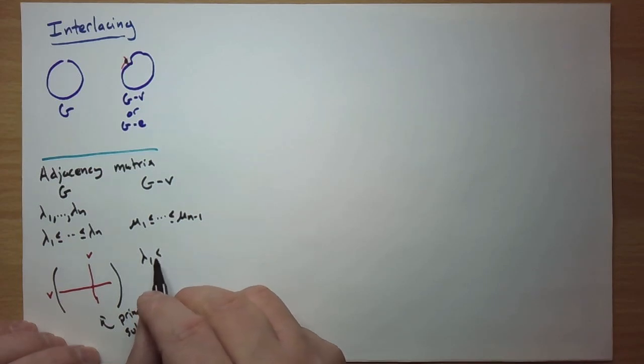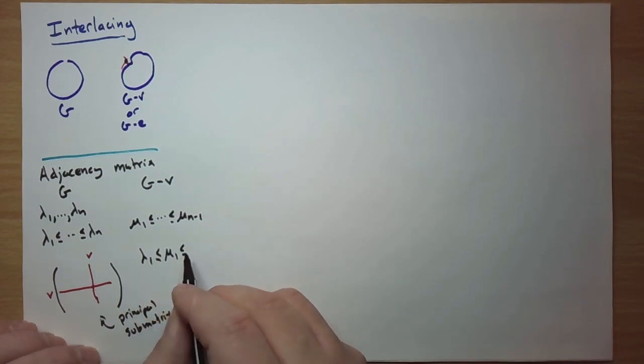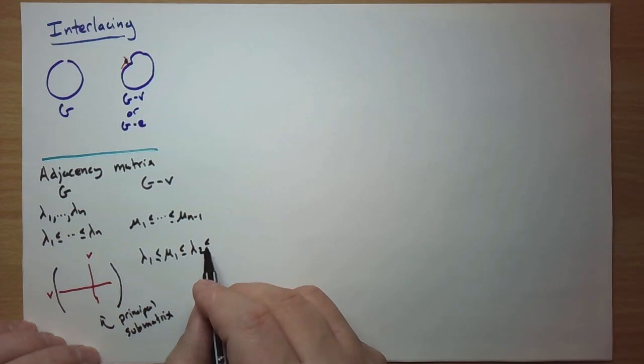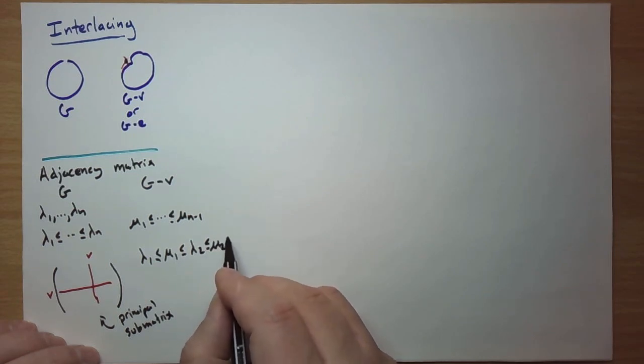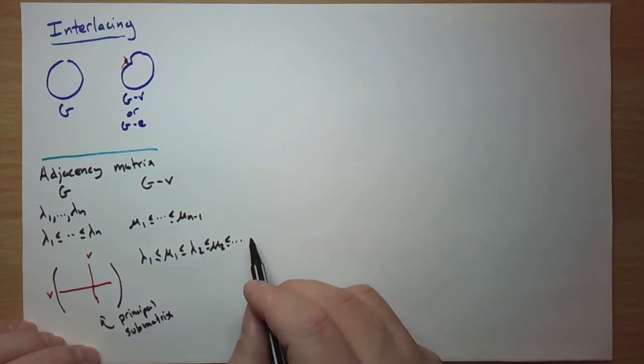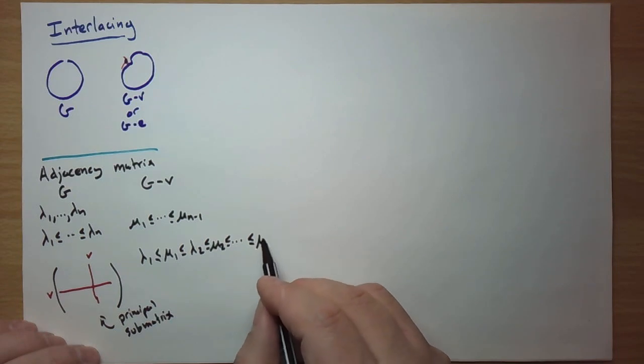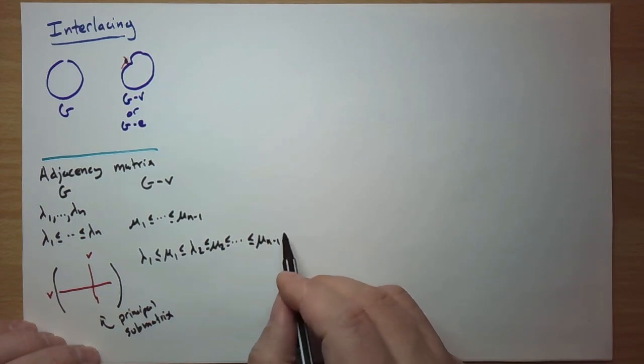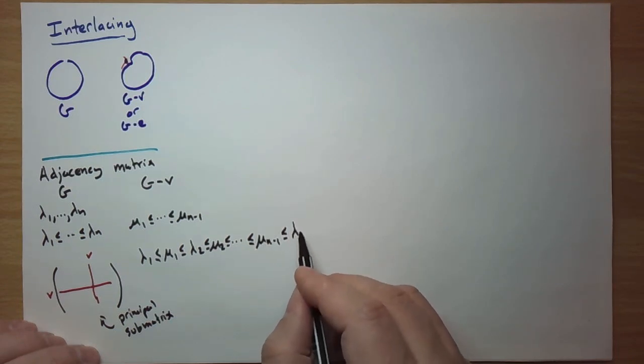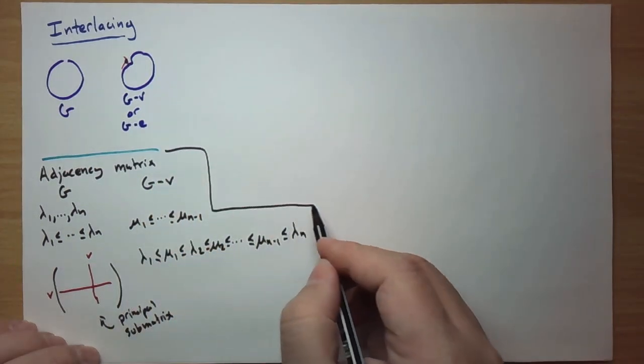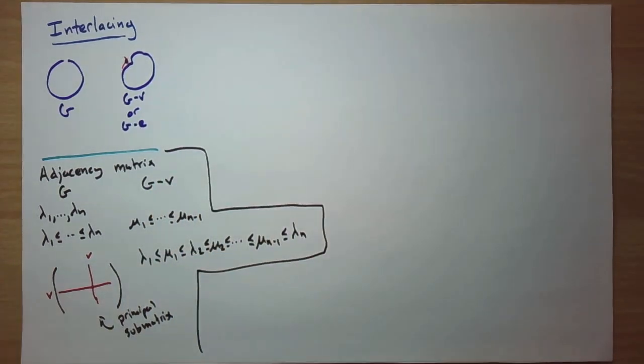So lambda 1 less than or equal to mu 1 less than or equal to lambda 2 less than or equal to mu 2, and so forth all the way down till you get to the end, and mu n minus 1 is less than or equal to lambda n. All right, I did not plan well there, but all right. That's the idea of interlacing. Namely that the eigenvalues, when you delete one vertex, interlace with those that you started with.